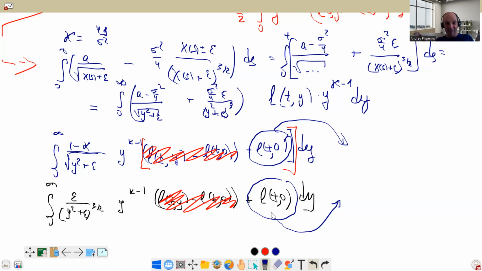Hence, the limit of a certain additive functional, a certain Riemann integral, is just the integral, the principal value that I wrote. And this is all. So you see the proof.